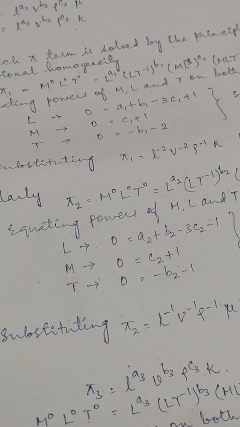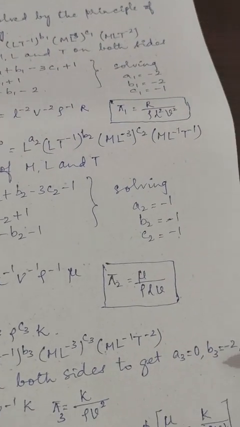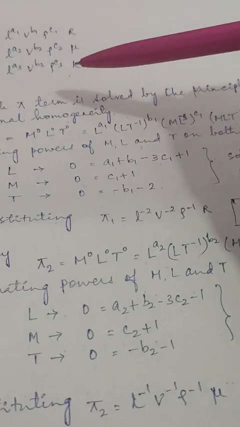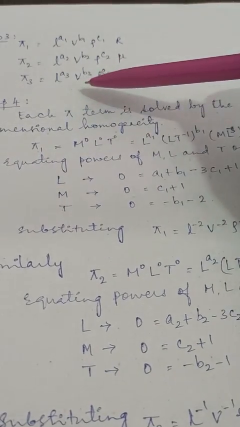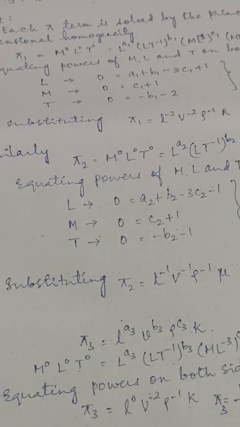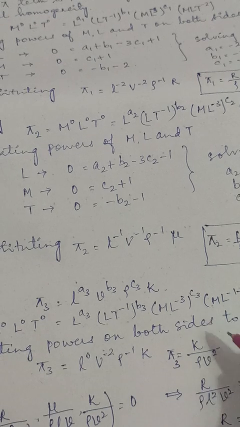Now substituting this A3, B3 and C3 in our pi 3 equation, we have pi 3.